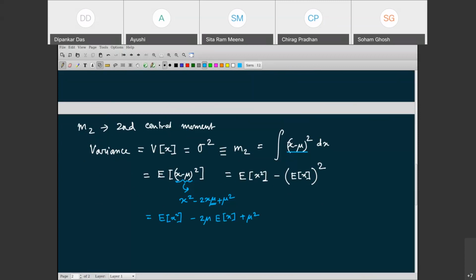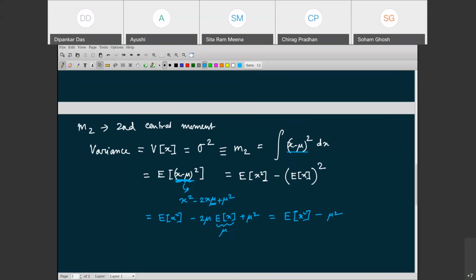Now this expectation value of x is nothing but mu again, so this is minus 2 mu square plus mu square. That's why I usually write this as the expectation value of x square minus mu square. Whenever I find this more convenient for variance, I will write this, and sometimes I will write them interchangeably, and they mean the same thing.